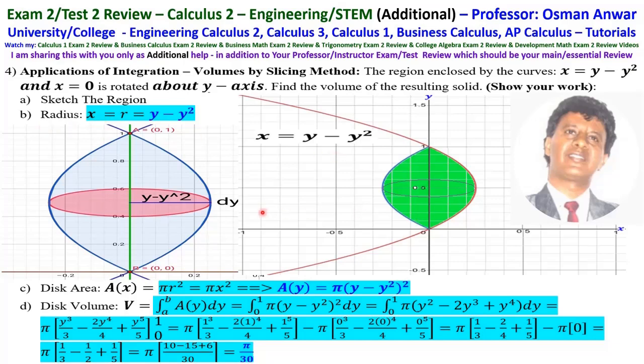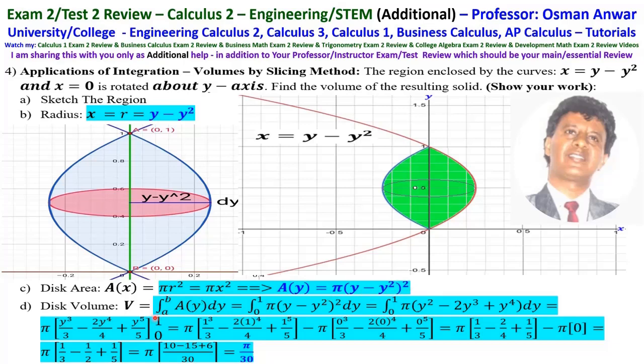So the radius of this disk or washer is r, which is x. And x is equal to y minus y squared. So the disk area is A(x) equals pi r squared, which is pi x squared, and in terms of y, A(y) is pi times y minus y squared, all squared.